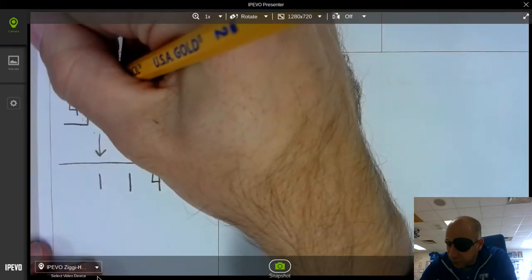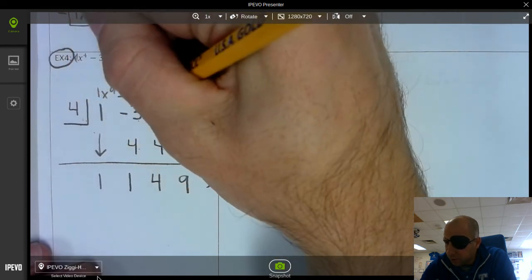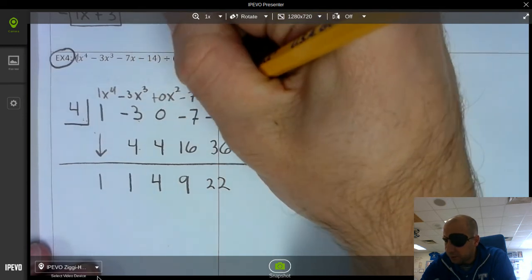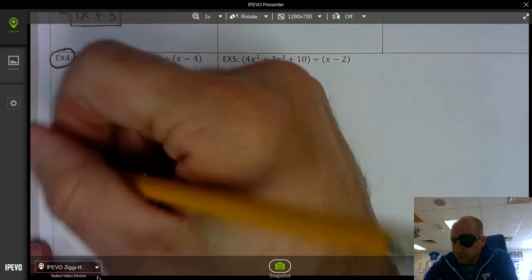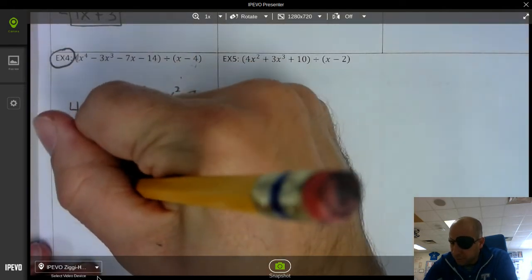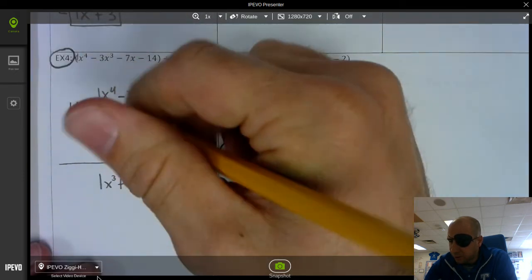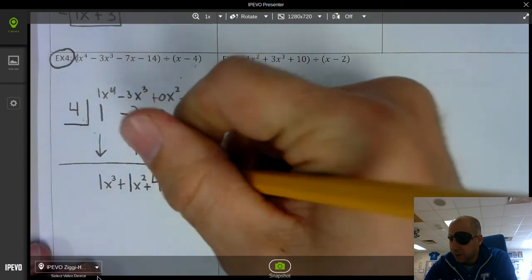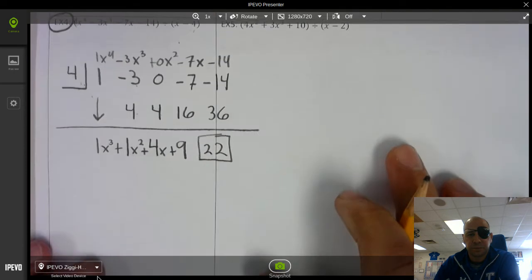So remember, this was 1x to the 4th minus 3x cubed plus 0x squared minus 7x minus 14. So this was the 4th, now it's x cubed plus 1x squared, because that was a cube, now it's a squared, plus 4x plus 9, and then you have a remainder of 22.